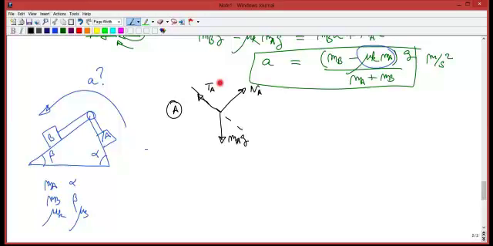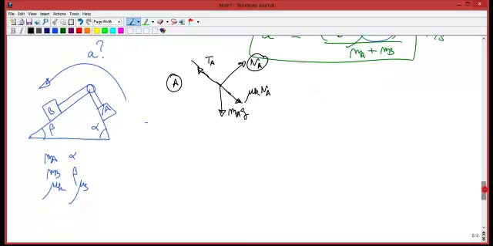We're looking for the acceleration, therefore we know Newton's second law will be used, and we know we're moving, therefore it's Fk that we have to deal with. Since object A is going up, Fk is coming down. Therefore, this is mu k, and the N is this N. All right. So far, so good.